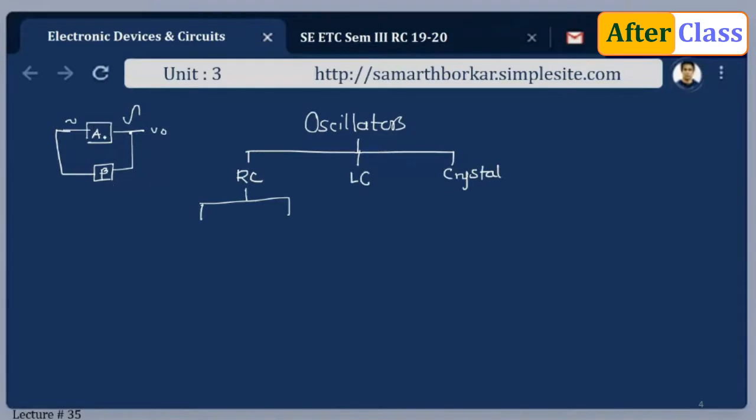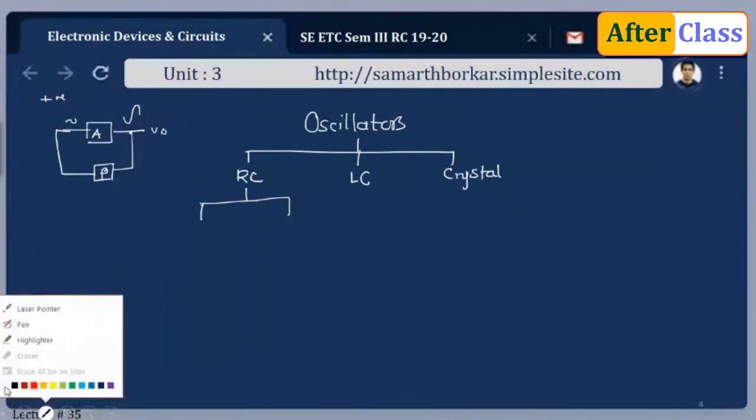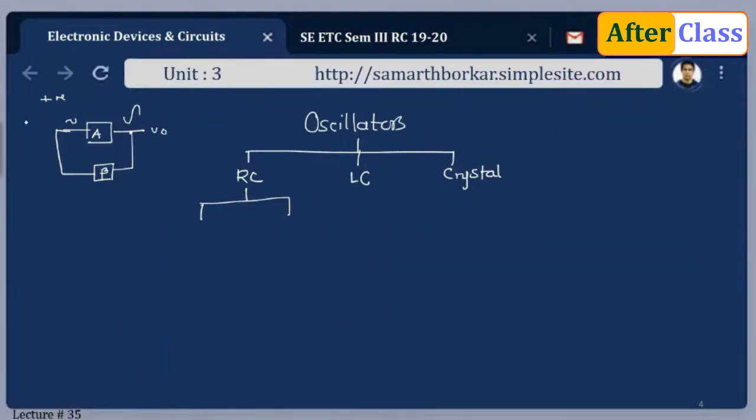So in case of positive feedback, the most important thing is this signal over here, which we had considered as a fictitious input signal, and here this is the V naught. The same signal is going to travel down the line, and that will act as an input to this feedback network. If this is properly connected and assembled, then this will produce the output, and that output has to be in phase with the input signal.